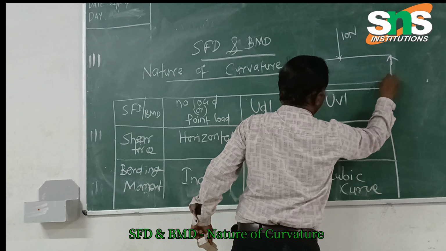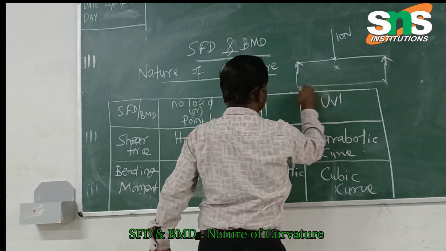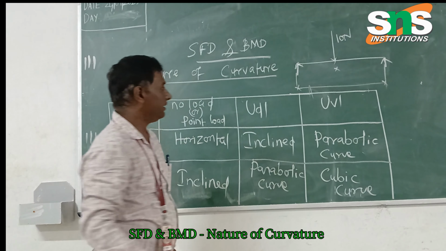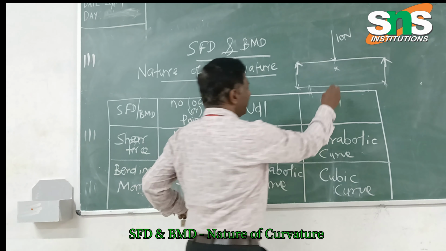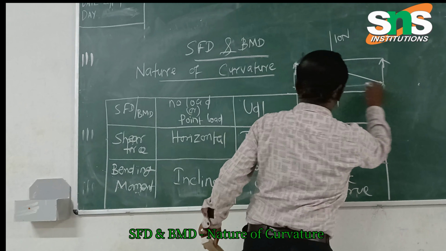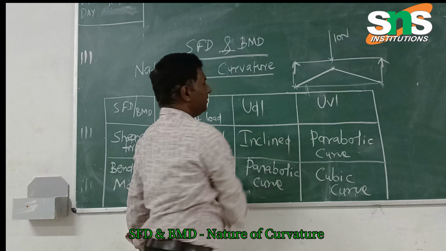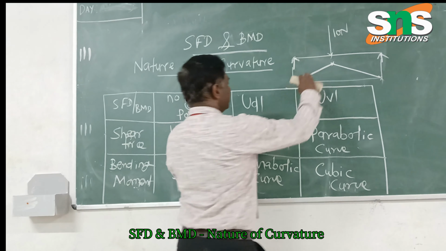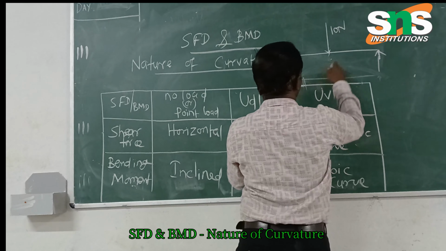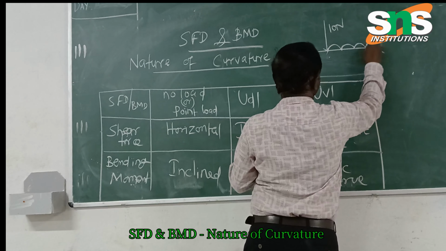Here I have a value at this point and at this point. In shear force it is a horizontal line, but here you directly join the values, so an inclined line will follow. In case I have a UDL here.